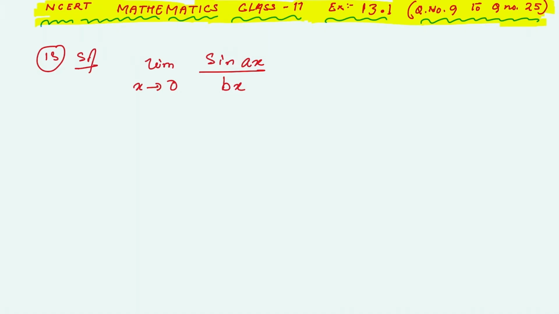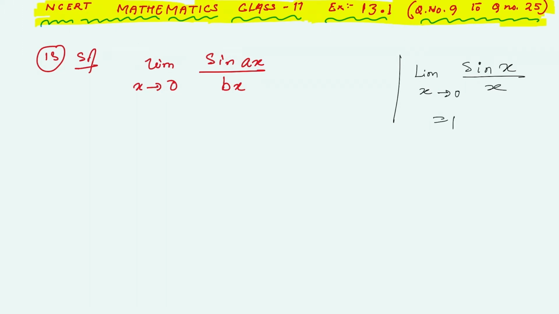So in this case what we can do here, we know this standard limit. Here we have to apply the standard limit of sin x by x when x tends to 0, which is equal to 1.